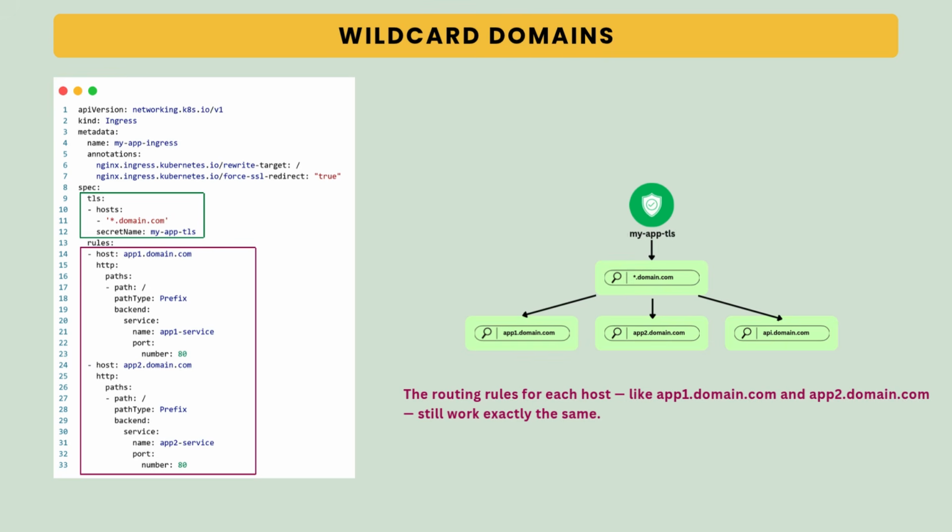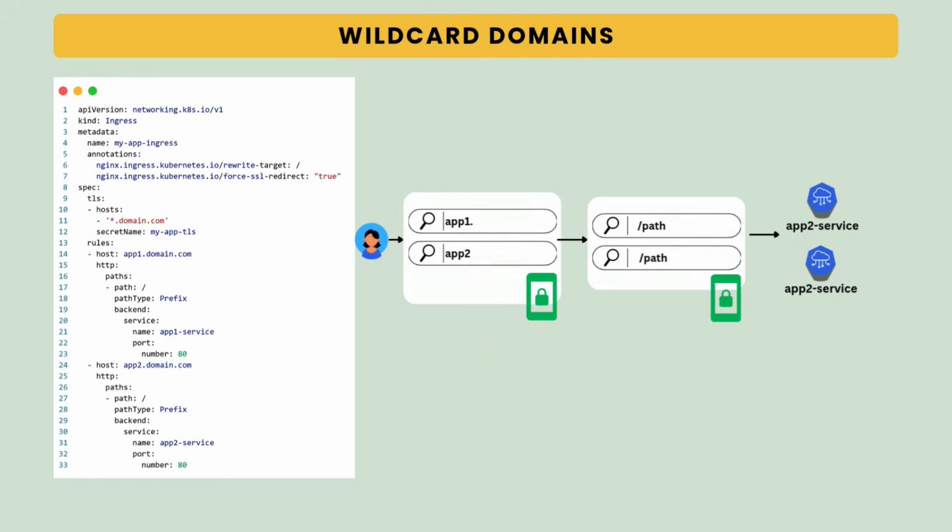The routing rules for each host, like app1domain.com and app2domain.com, still work exactly the same. When a request comes in, NGINX first checks the host header and then the path to decide which service should handle it. This way, you can secure multiple subdomains with one certificate while keeping traffic for each application separate and organized.